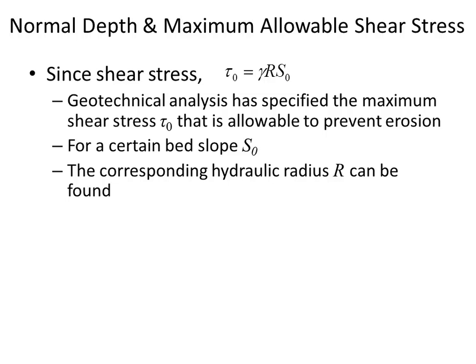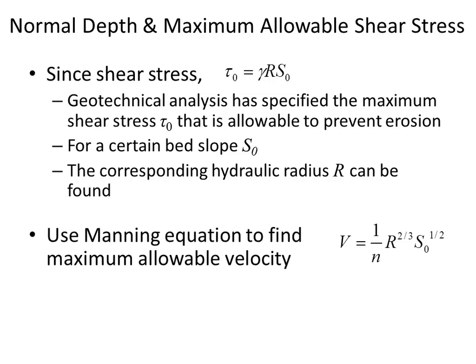We'll do an example of that here in a moment, but once you calculate the hydraulic radius that is dependent on the shear stress and the slope, it can go into the Manning's equation, and the unknown here that you'd solve for is the velocity.